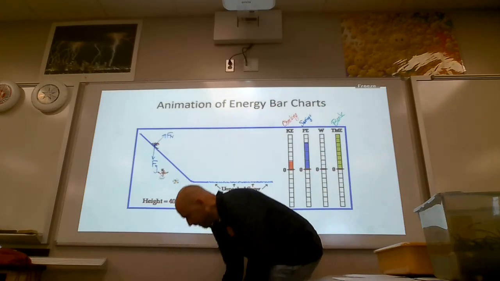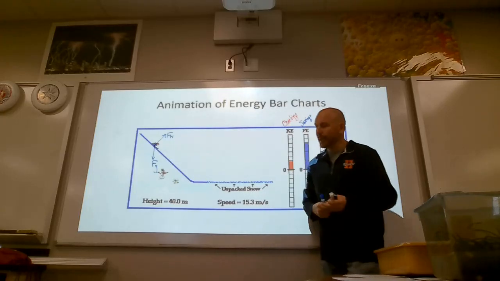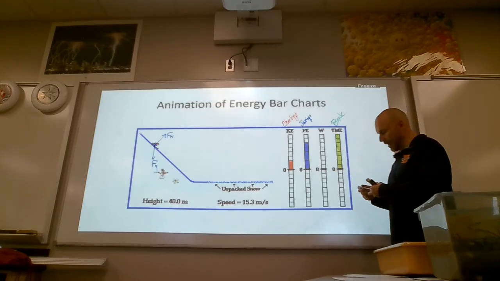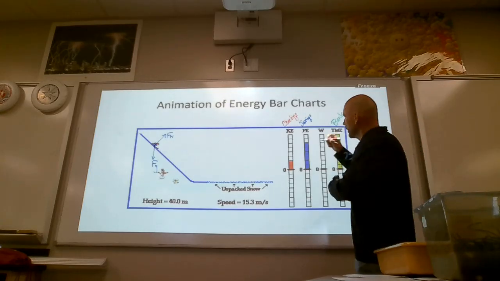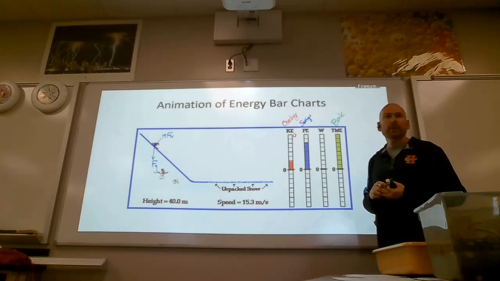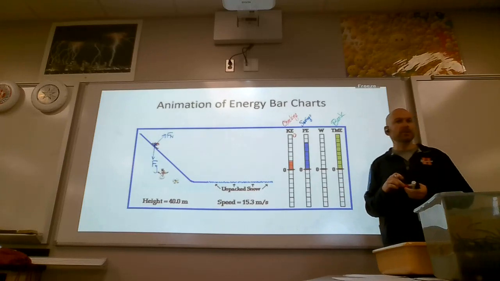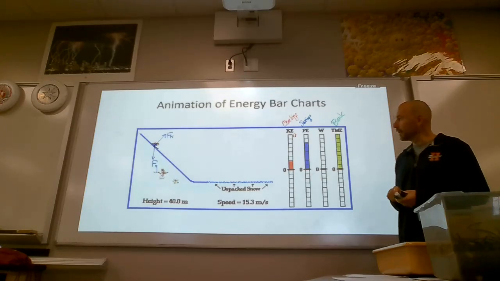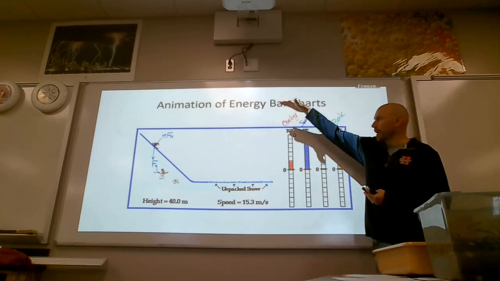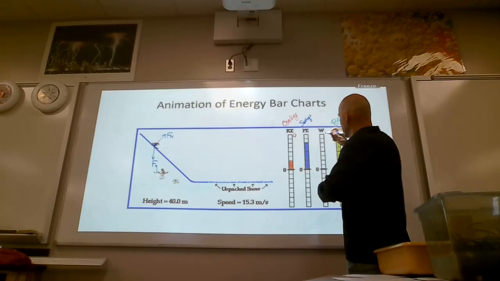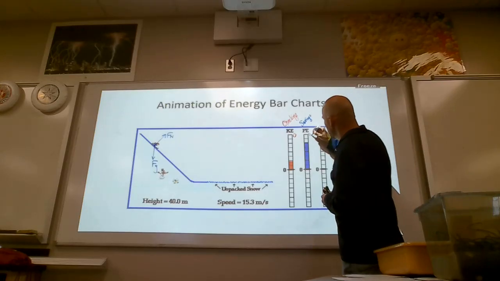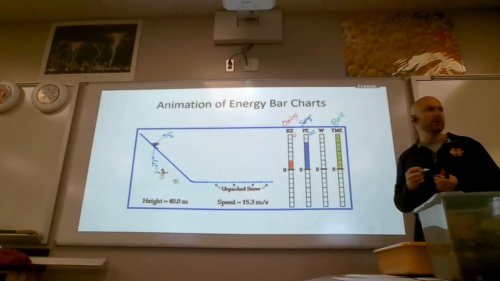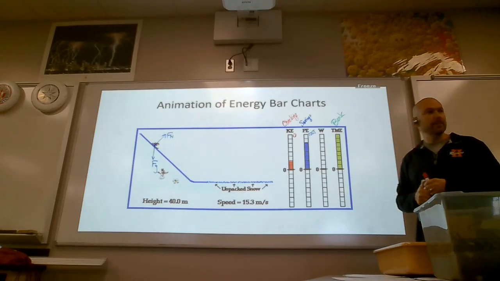Okay, now let's say at the top of the hill you started at rest, so you had 0 for one-half mass times speed squared for kinetic, no money in your checking, but you're elevated. So let's say you had 100 joules, $100 in your savings, 100 joules of potential energy.